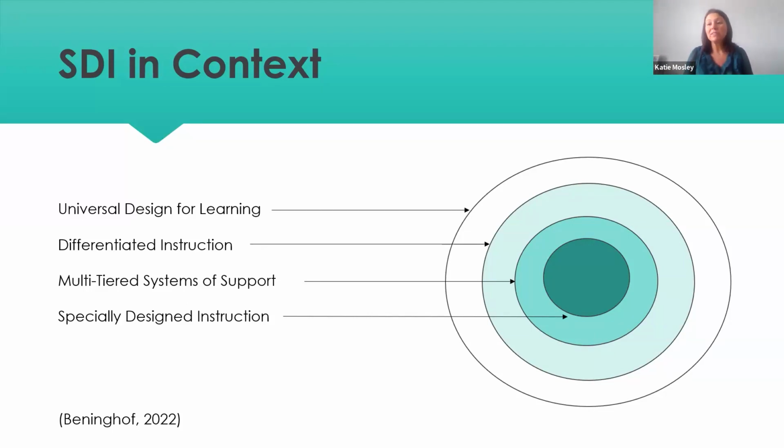So students who receive specially designed instruction should also receive that MTSS process and differentiated instruction, and universal design for learning. So these ideas are not four separate islands that need to be looked at independently. Rather, they need to be looked at as functioning together in tandem.